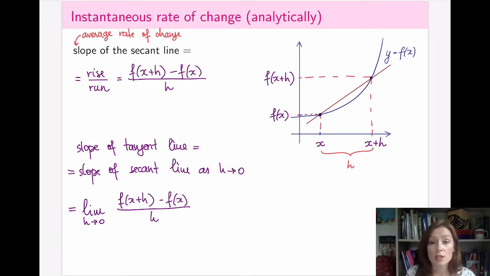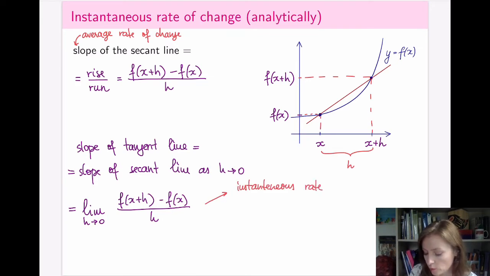This is the slope of a tangent line. We don't know how to compute limits yet, and we're going to learn very soon. But for now, this quantity has a bunch of different interpretations that are all extremely useful. First of all, the slope of a secant line is the average rate of change. The slope of a tangent line is the instantaneous rate of change.